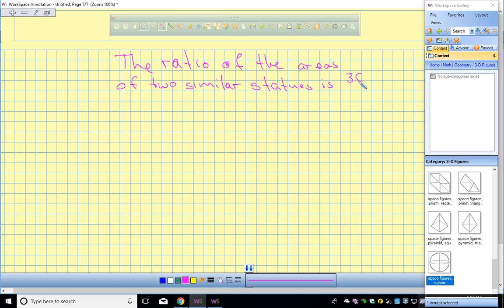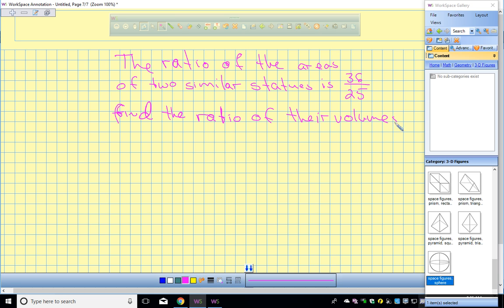36 to 25. Okay. Find the ratio of their volumes.